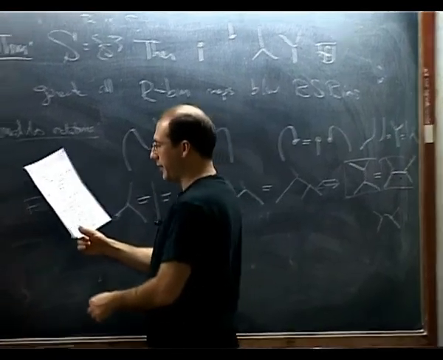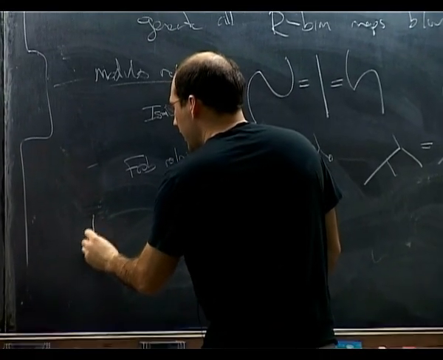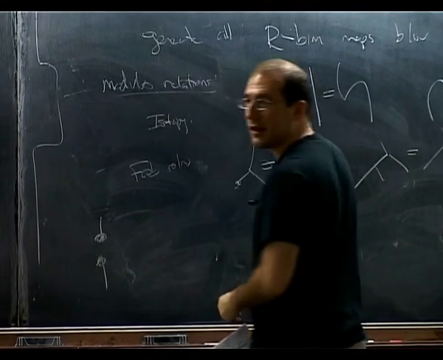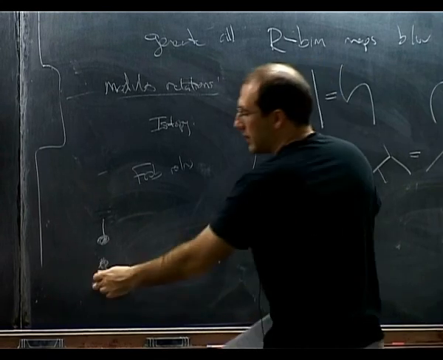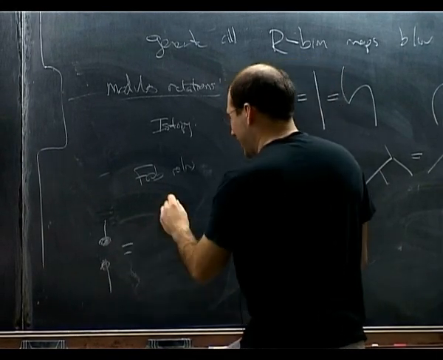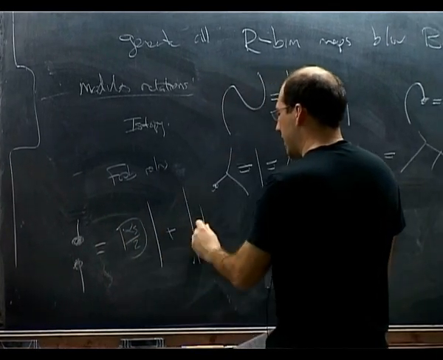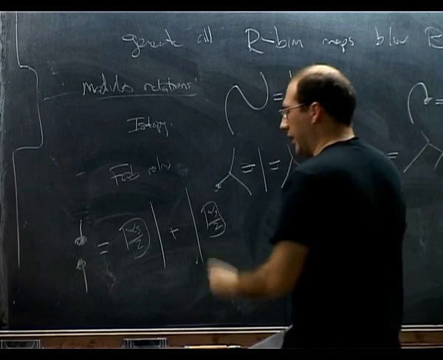And then you have the specific relations, which are here. So this double dot here takes 1 tensor 1 to CS. So this is alpha S over 2 plus alpha S over 2. It's a linear combination of diagrams.